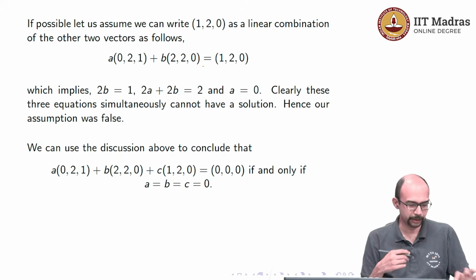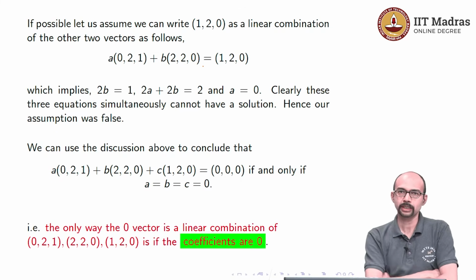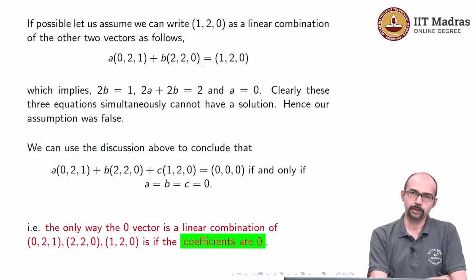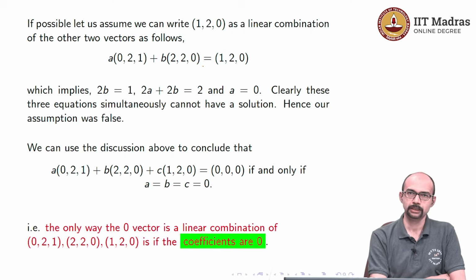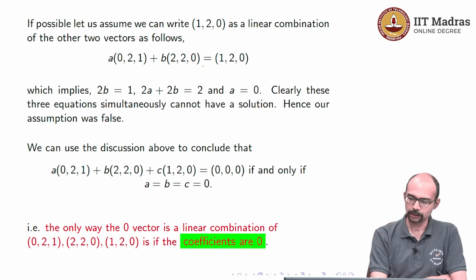Yeah, so what does this mean? This is now the negation of the observation we did earlier. So the only way the 0 vector is a linear combination of these three vectors is if the coefficients are 0.